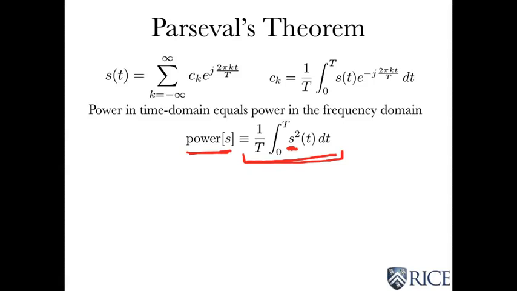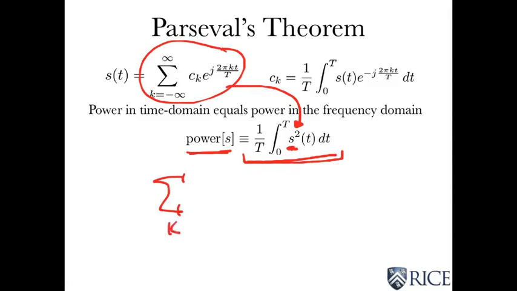So, how are we going to prove Parseval's theorem? The idea is that I'm going to take this expression for s as a Fourier series and plug it into there. And I want to do a little bit of mathematics because we have the square of a sum. So let's talk about, just in general, suppose I have a sum of a_k's, and I square it. What's the expression for that?